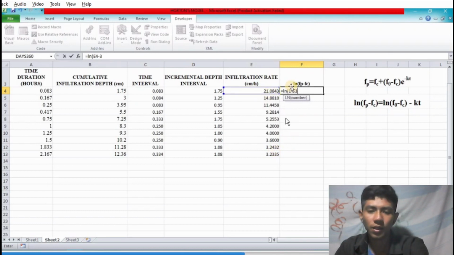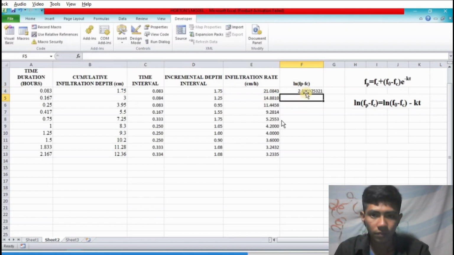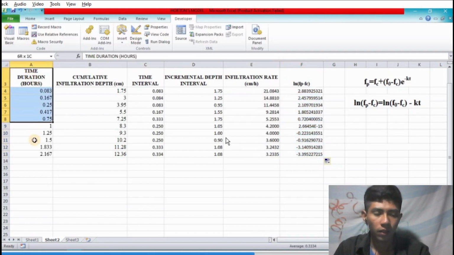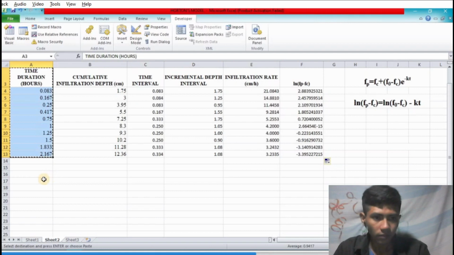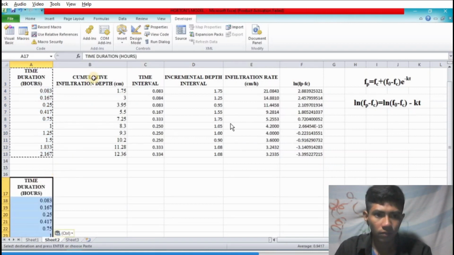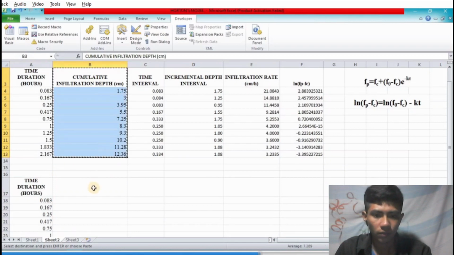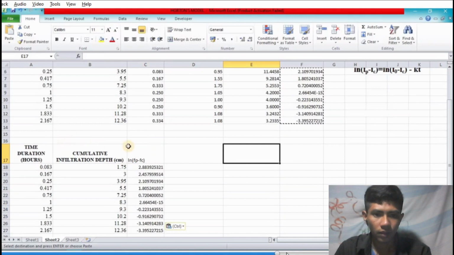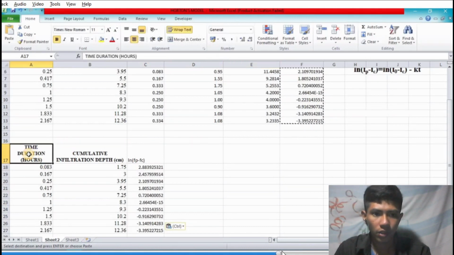Hindi natin ita-type dyan. Drag. Now we got the data, we're ready to create the chart. Now time to create the chart.